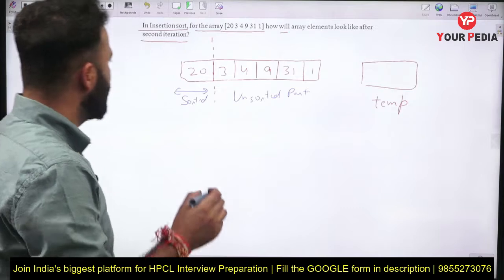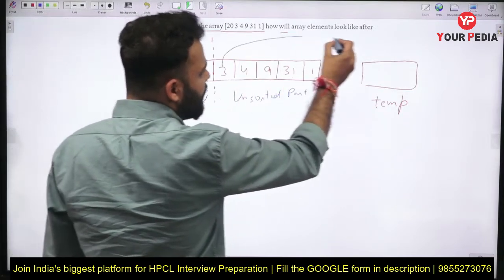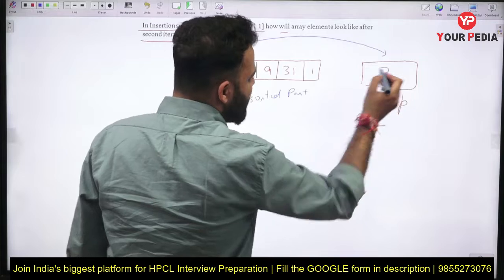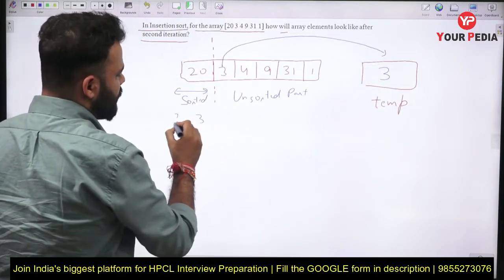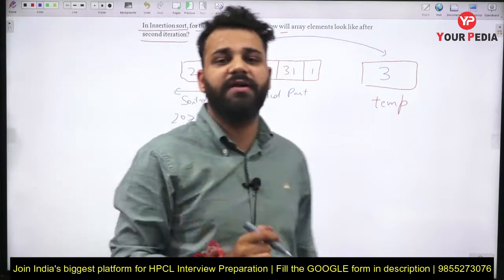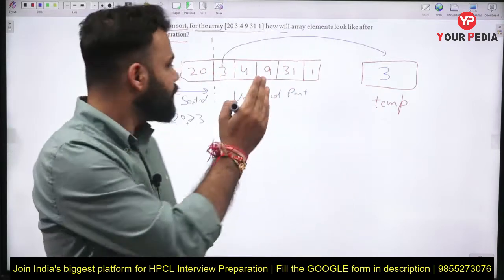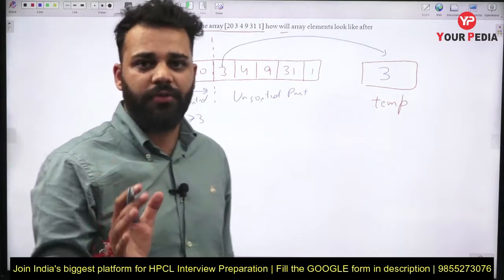So we will store this 3 in the temporary variable and then compare this 3 with 20. Is 20 greater than 3? Yes, 3 is smaller than 20. So it should be in the first place, or you can say it should be before 20 in the array because it is smaller than 20.